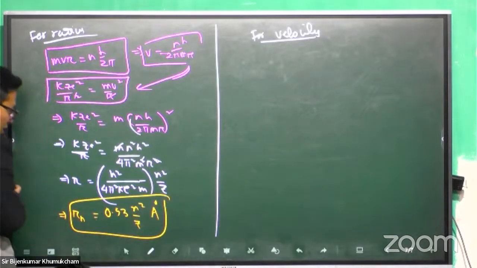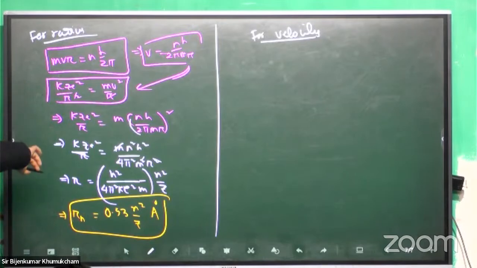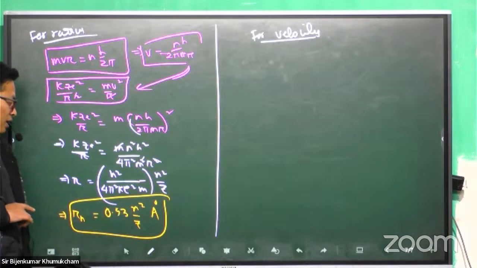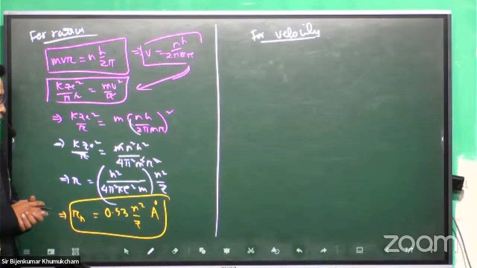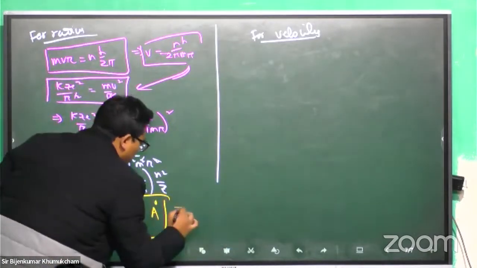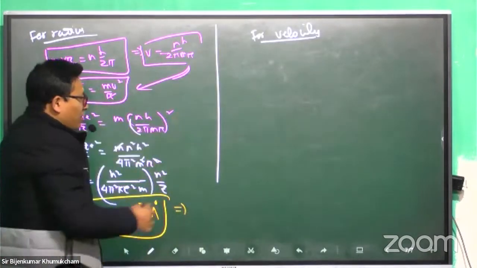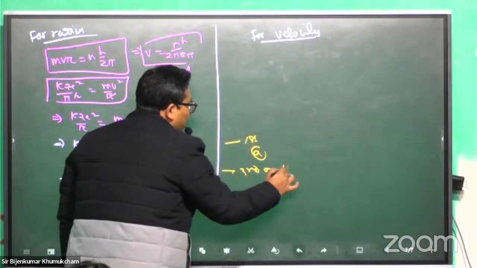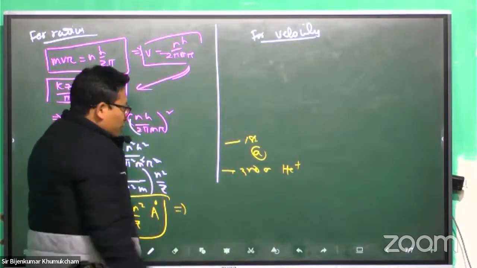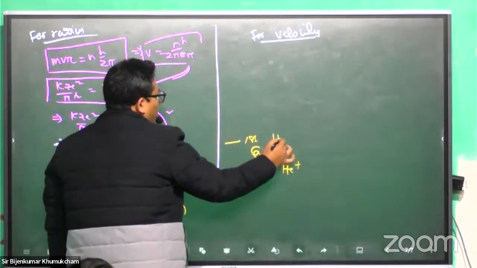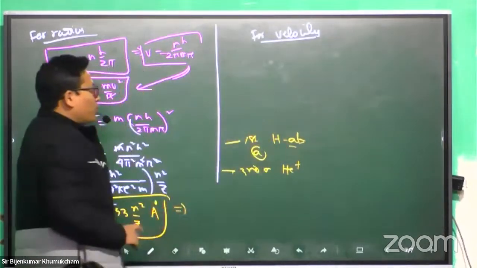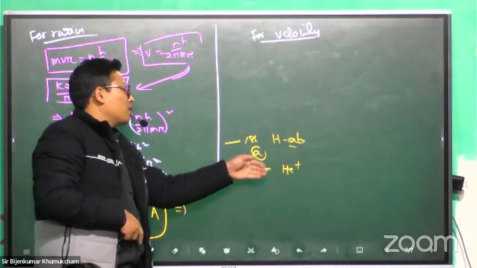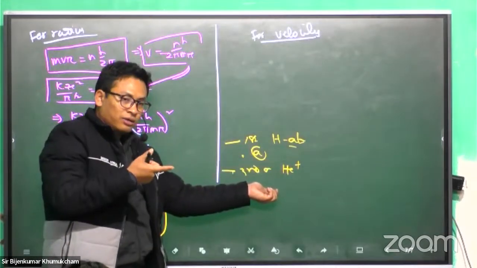That is the r n. So the radius of the nth orbit is 0.53 n square by Z angstrom. In most questions they will ask: if the radius of the first orbit of the hydrogen atom is a, then what will be the radius of the third orbit of the helium ion?